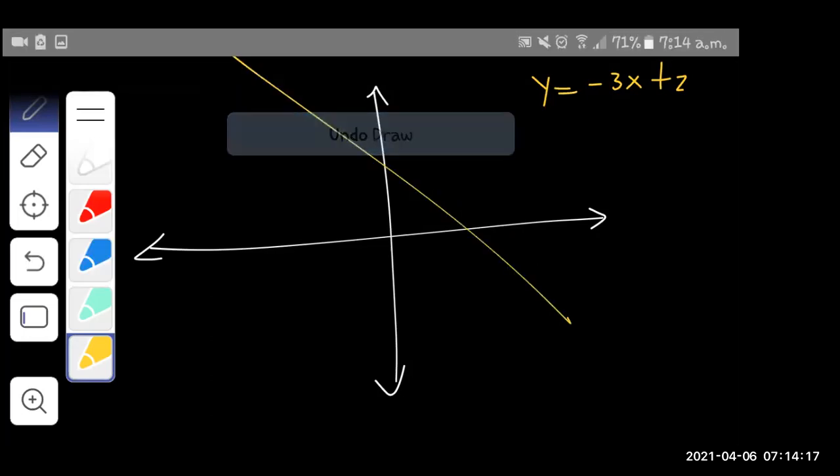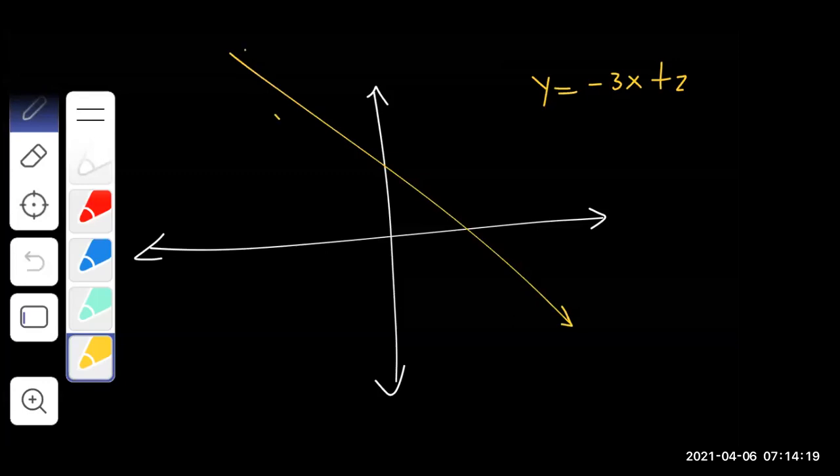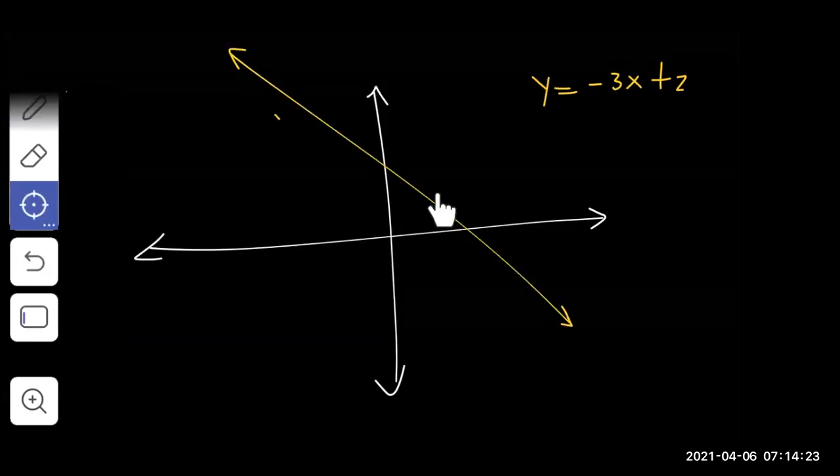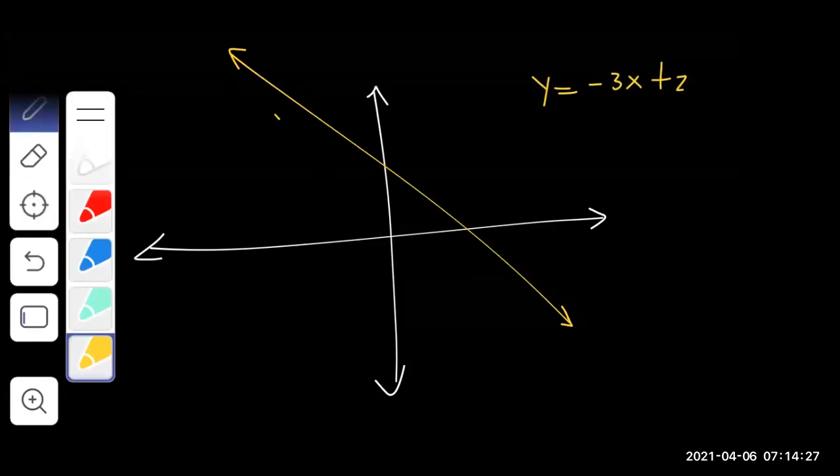That means the graph is going to be decreasing. The slope is negative. And let's graph the second one. Let's say you got y equals negative 3x plus 2. This is my second equation.